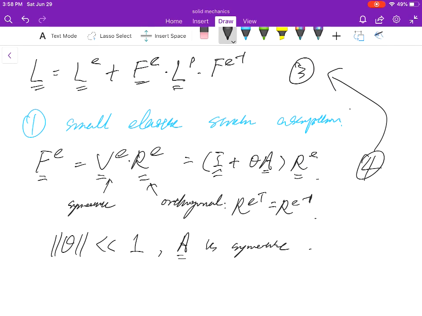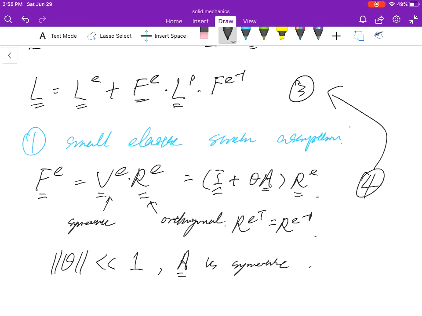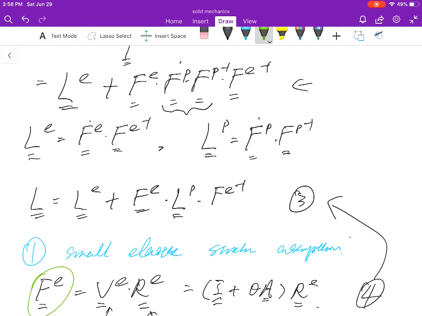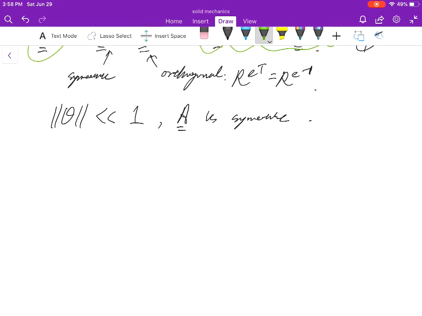Due to the time, I may not do the whole process here, but if you really follow this, you substitute this whole part into here, which is here, and also here and here. What you will get is this.